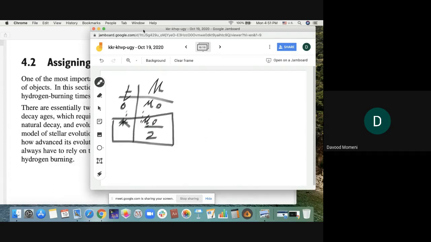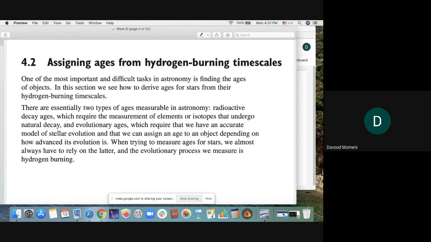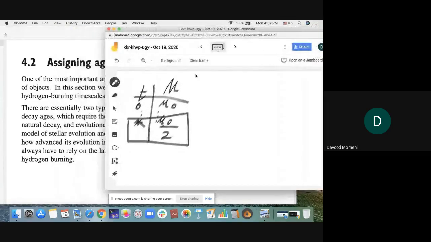You can read it easily, also in astrophysics. This is radiative decay age, or radiative decay. But for that you need some information about the nuclear decay if it happens inside the stars.